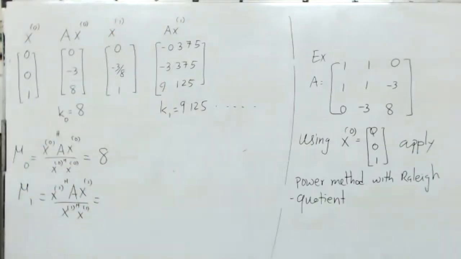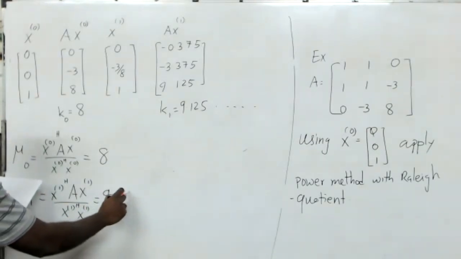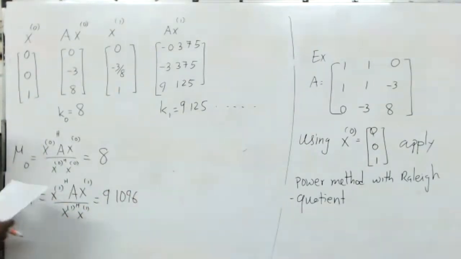Or you can first do a few steps of the power method like what I did, and then start computing the Rayleigh quotient. Both ways you can do the computation. So here you will get 9.1096, and then you can continue working out like this.